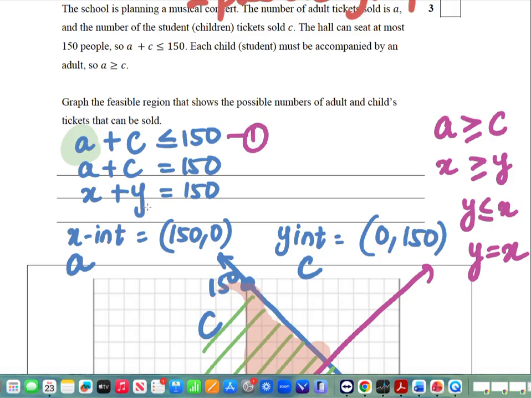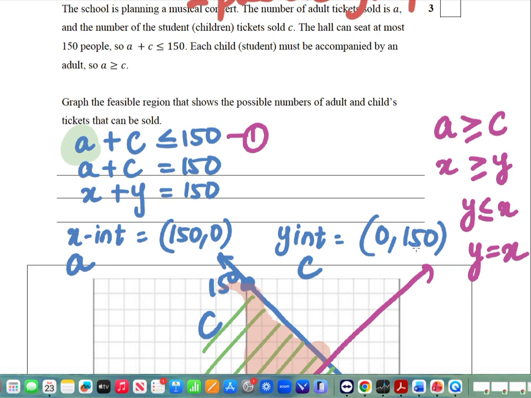Now anytime you want to graph a line, you need 2 points, and the quickest way is by finding the intercepts. So the x-intercept is found by setting y to 0. So when y is 0, x is 150, and you write that as the coordinate point 150 comma 0. And your y-intercept, which is found by setting x to 0, gives y equals 150.